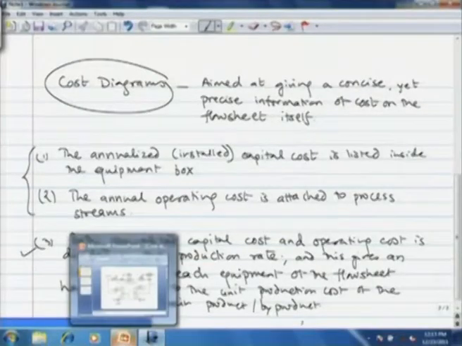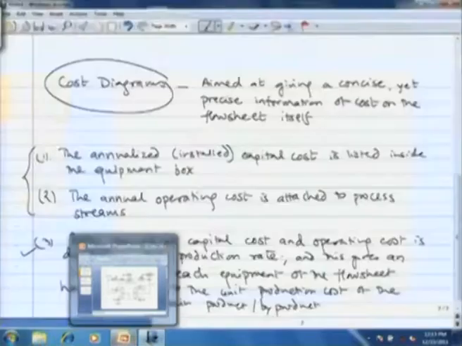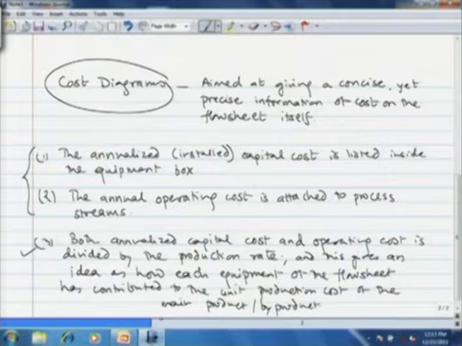Now, what I will show you is the cost diagram of the isopropanol dehydrogenation process to produce acetone. What you see, we have seen this process before.